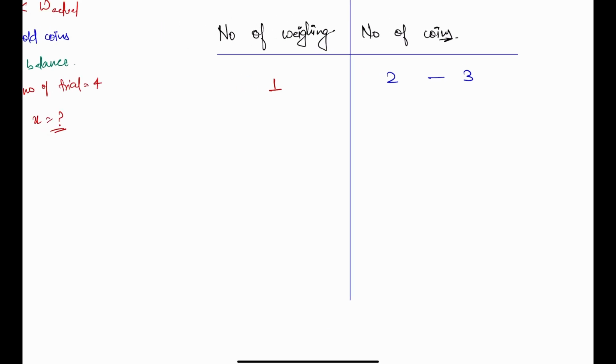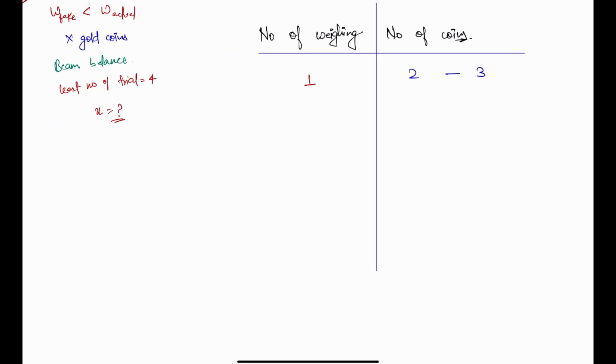Suppose I am saying one coin, so there is no meaning, right? With one coin, there is no meaning in asking whether it is fake or not. We have nothing to choose from, so one coin is not counted. Suppose 4 coins are there.